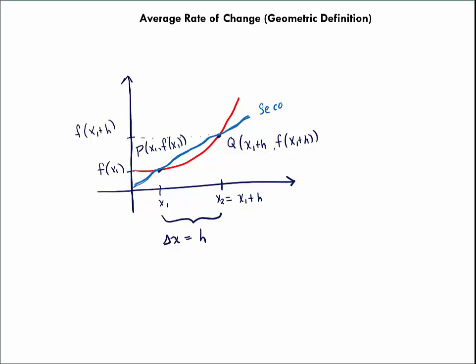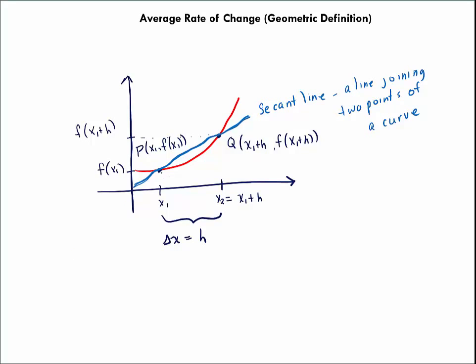This is called a secant line. So my secant line is a line joining 2 points of a curve. Just a little definition there. So that's my secant line.